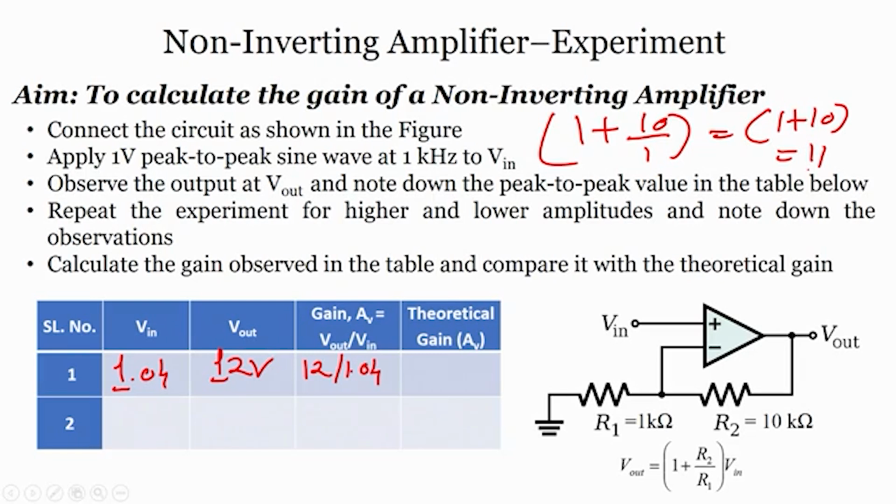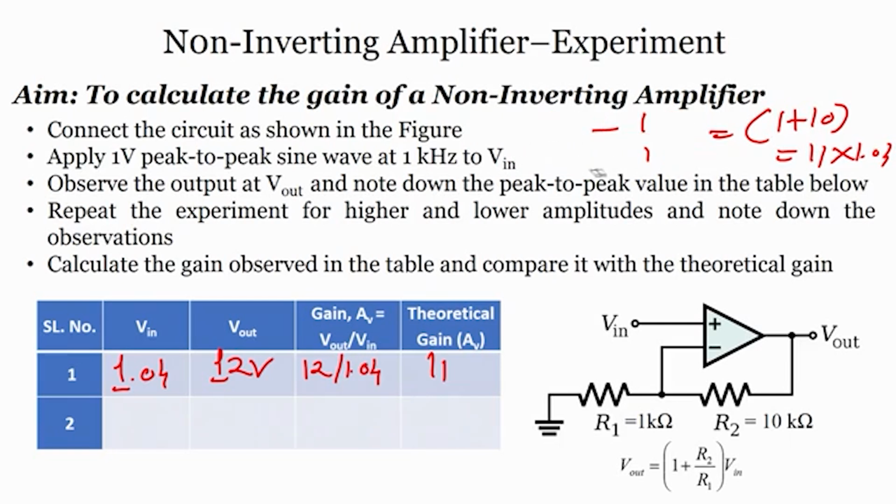So 11 times the amplification factor, into V in, which is 1.04. The gain is directly 11, right. But what is the output voltage? Output voltage would be different. So we can see there is a little bit of difference between the actual experimental value and the theoretical value, alright.